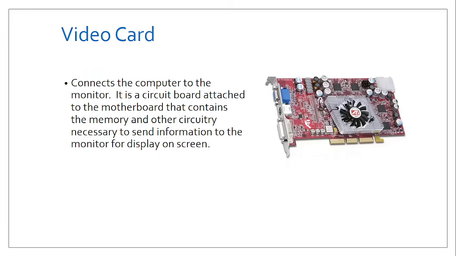Video cards allow you to have clearer pixels. These are normally attached to the main board, the one that you refer to as the motherboard. So we have various cards that you can use to improve the computer architecture.